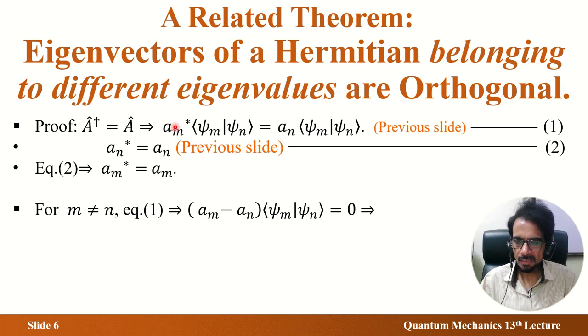I have just spoken. You just replace am star with am, and you collect everything on the left hand side. So am, not star, remember, because of here. Am minus an, this is the same. So I have collected everything here on the left hand side.